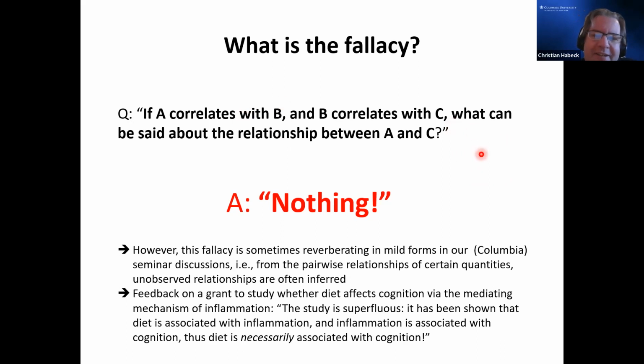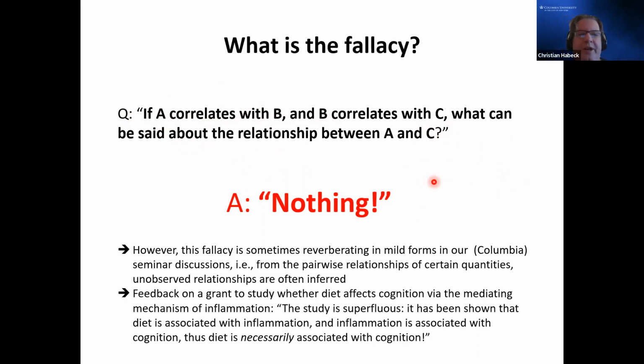So that's the fallacy directly in the real world. If you listen closely, often people will have relationships A with B, B with C, and then make some kind of inference. This also holds for being independent of, right?